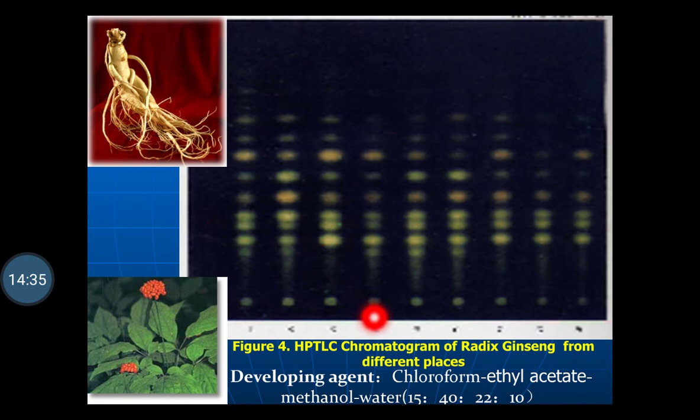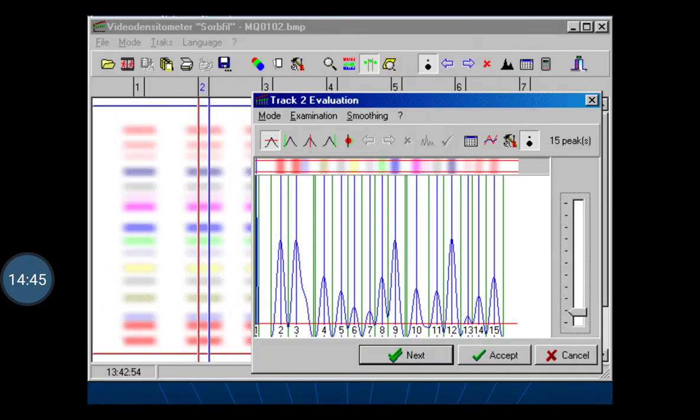In this case, the mobile phase is chloroform, ethyl acetate, methanol and water in the ratio of 15:40:22:10. In this way, the scanning of the band is done, and on the computer screen you will get this type of graph.